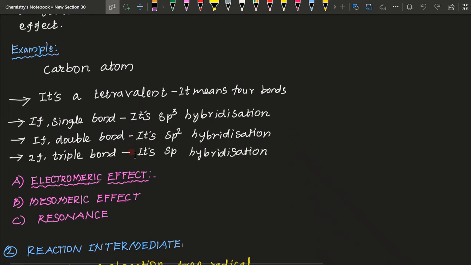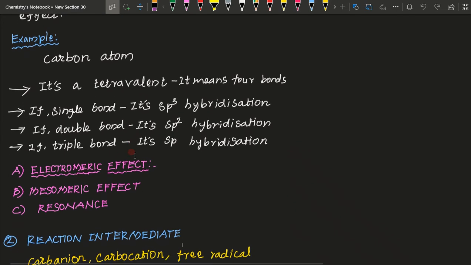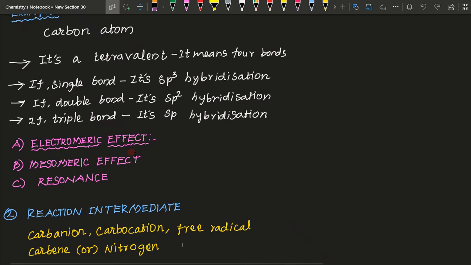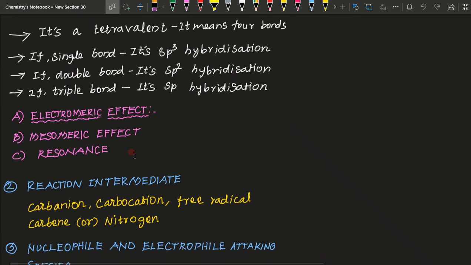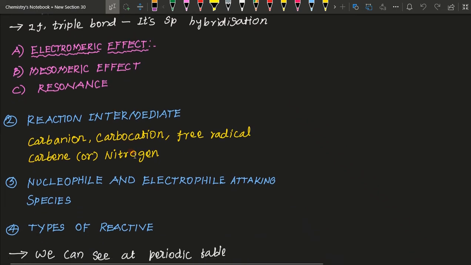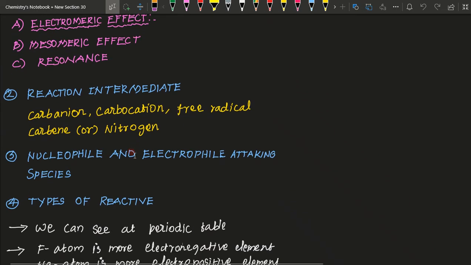Next, we can see 3 topics. First one here, electromeric effect. Second one, mesomeric effect. Third one, resonance. Next, before that we can see what is the reaction intermediate.